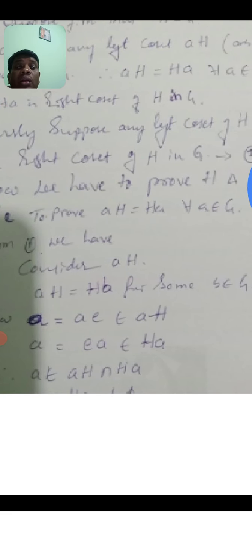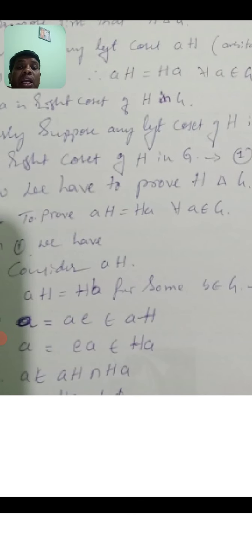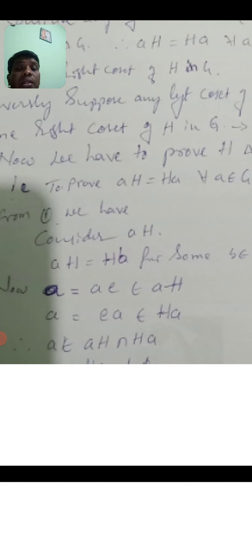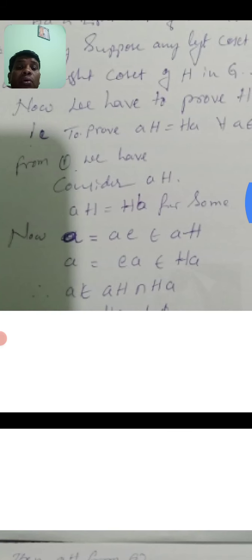From equation 1, consider the left coset aH. That is aH equal to Hb for some b belongs to G. Write it as equation number 2. Now consider an element a equal to a times e, where e is the identity element.